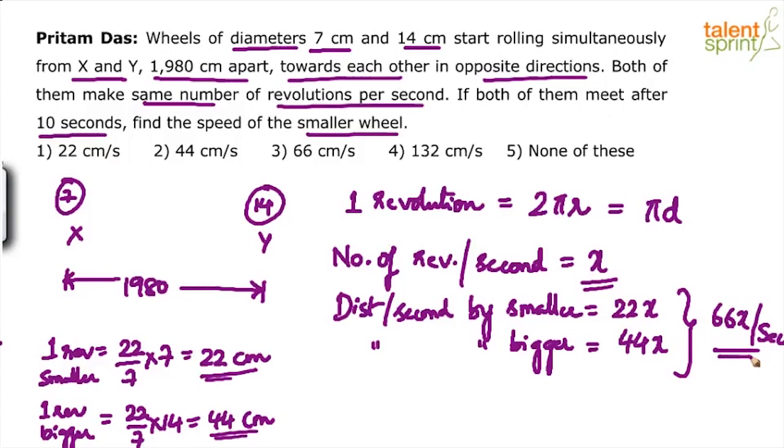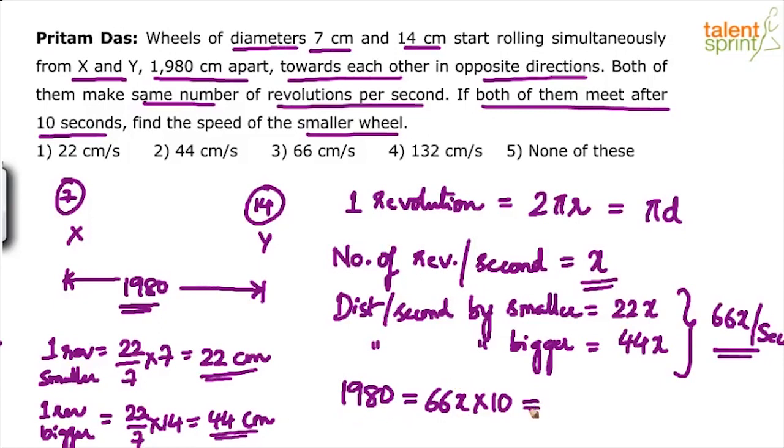Both of them meet after 10 seconds means the distance covered in 10 seconds is 1980. Per second they cover 66x, so in 10 seconds they will cover 66x into 10. But it is saying they have covered the total distance of 1980.